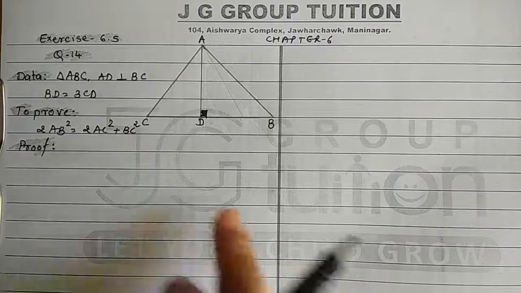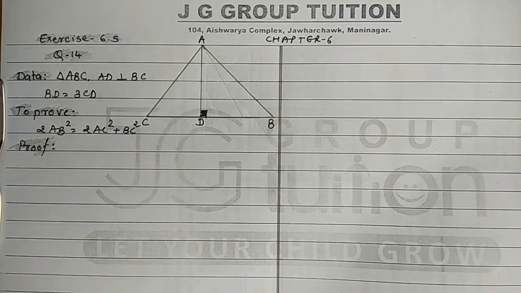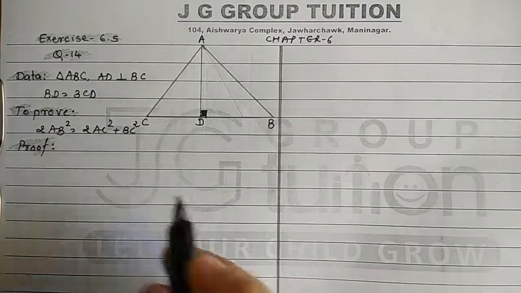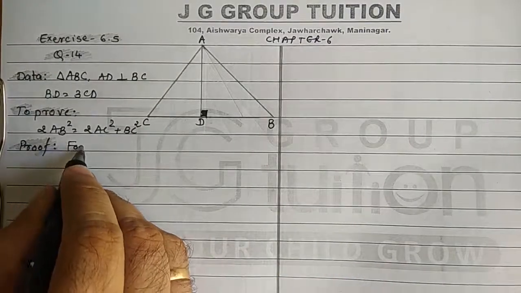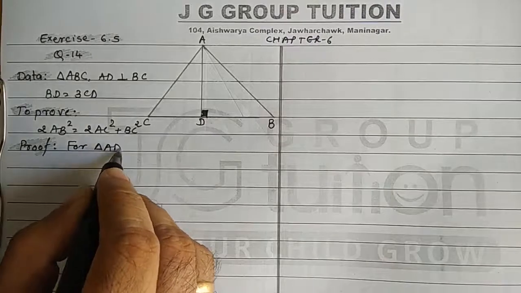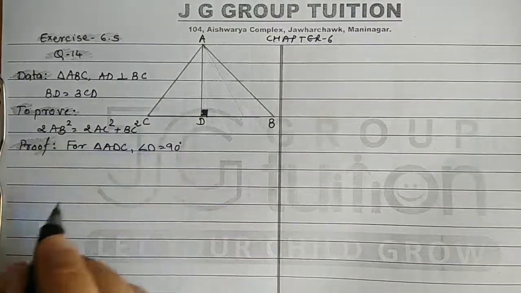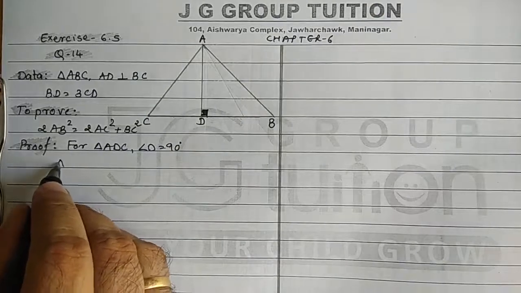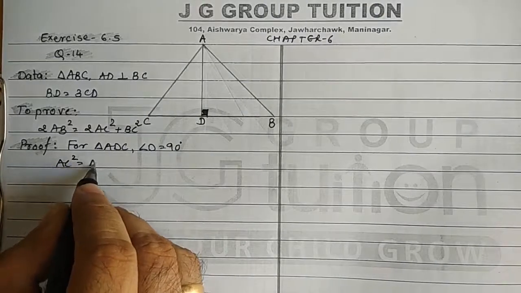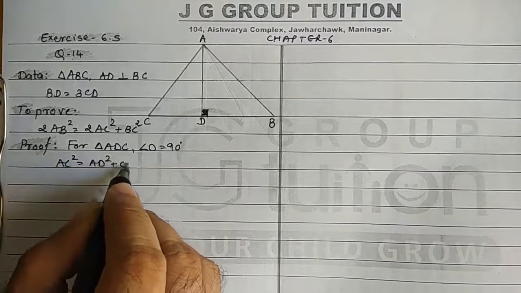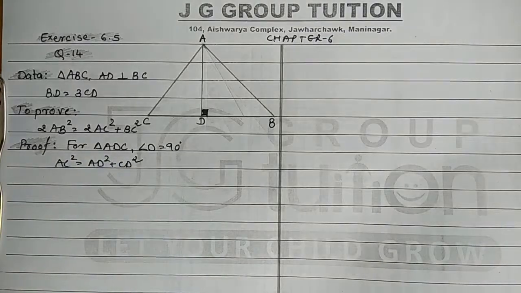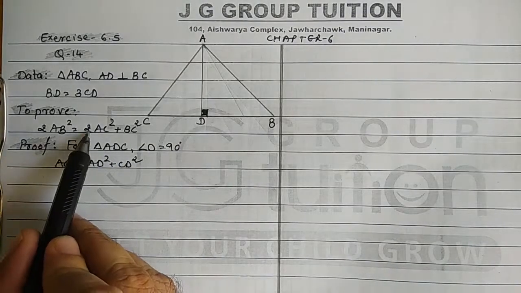So let's go for AC first. So for triangle ADC, you can see here angle D is a right angle. So I'll use the Pythagoras theorem: AC square is equal to AD square plus CD square. But look here, I require 2AC square.